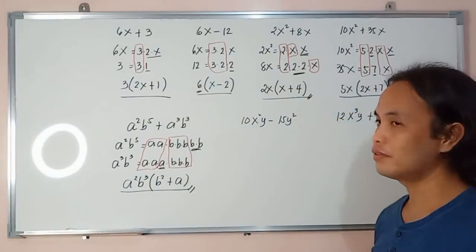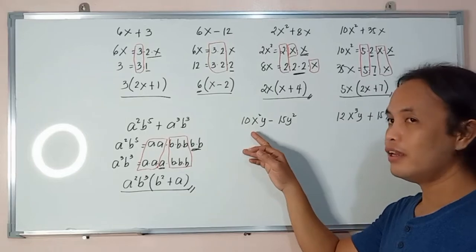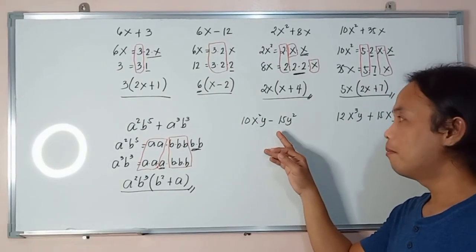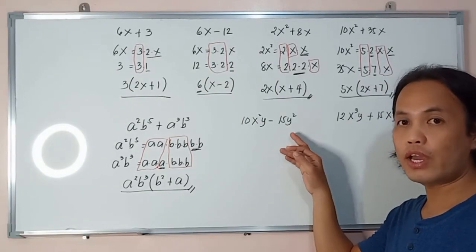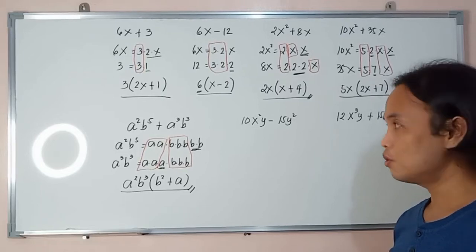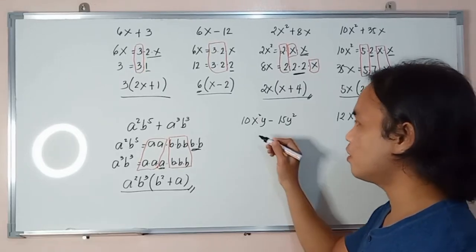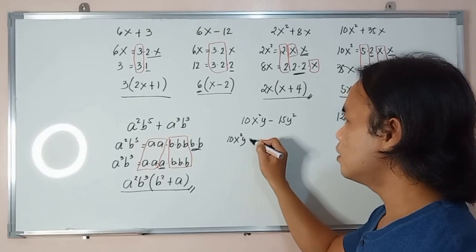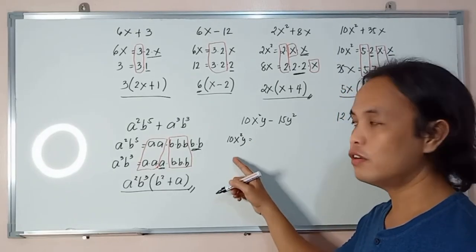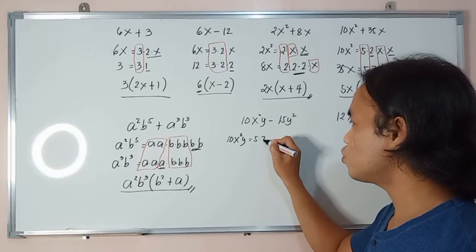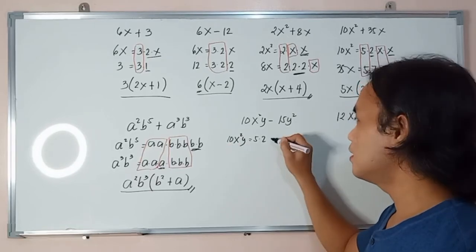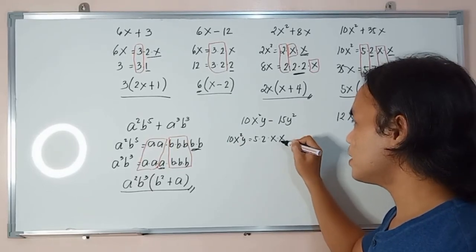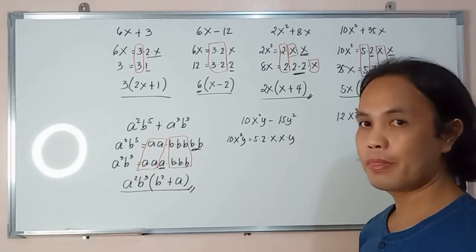Another example, we have 10x squared y minus 15y squared. So let's do the prime factorization. First term, 10x squared y. So the prime factorization, we have 5 times 2 or 10 times x times y.